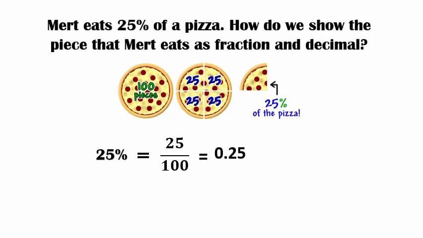Also, we simplify the fraction with 25 and it is 1/4. We can say that Mert eats 1/4 of the pizza and also Mert eats 25 hundredths of the pizza.